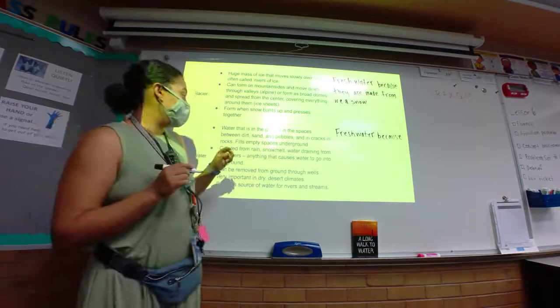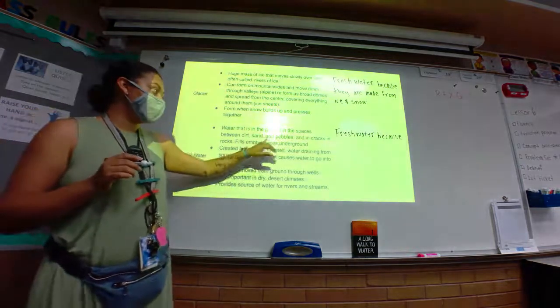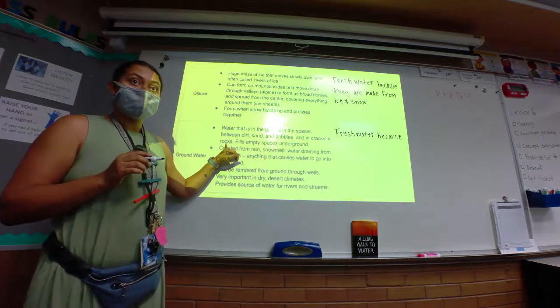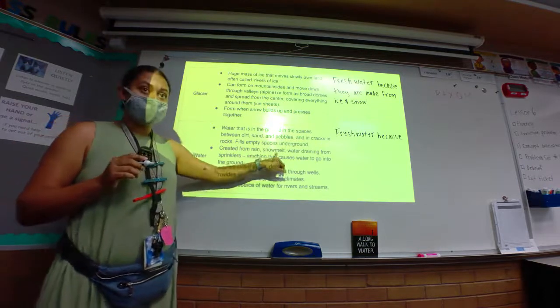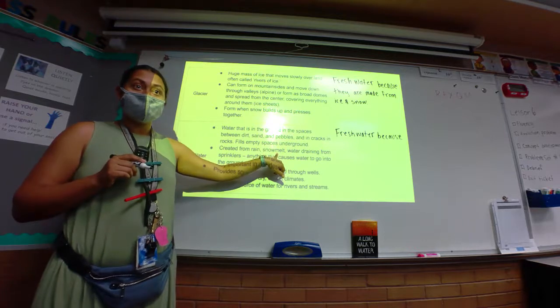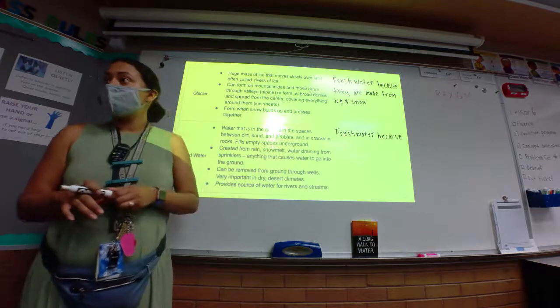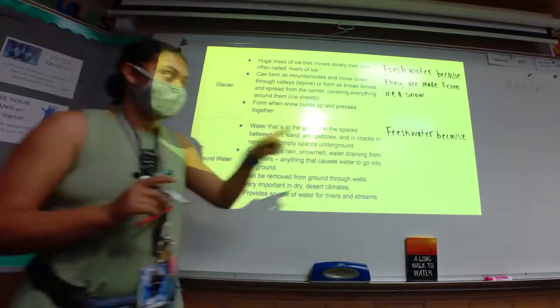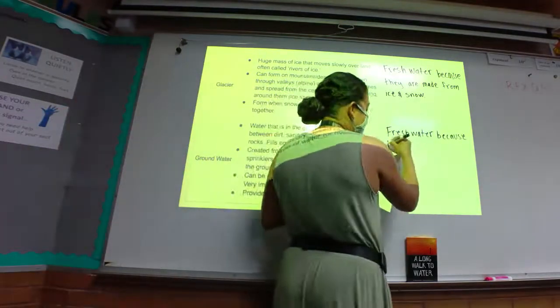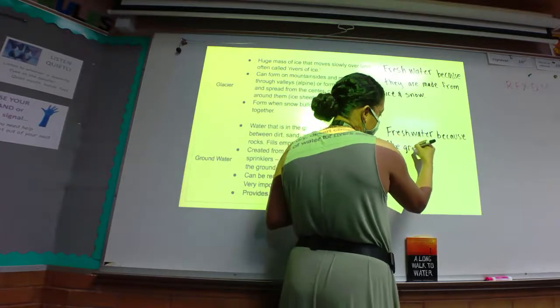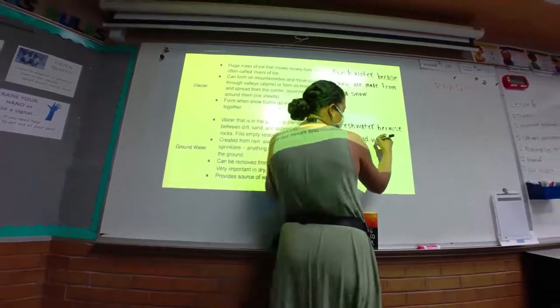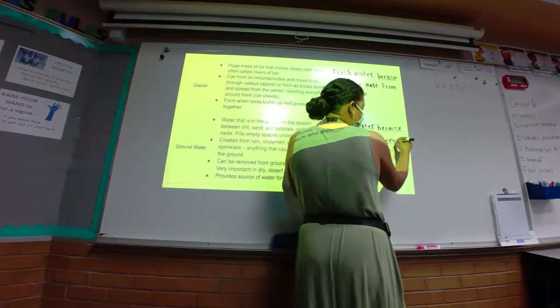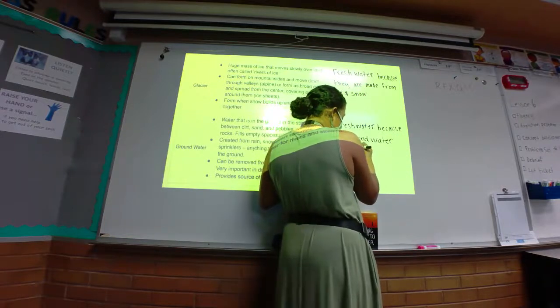Yeah, but it can come from pebbles or cracks in rocks. But the groundwater also comes from rain and snow melt. Okay, fresh water, because the groundwater comes from rain and snow.